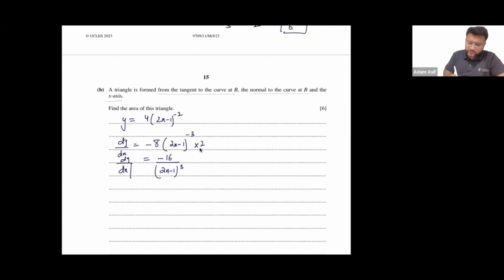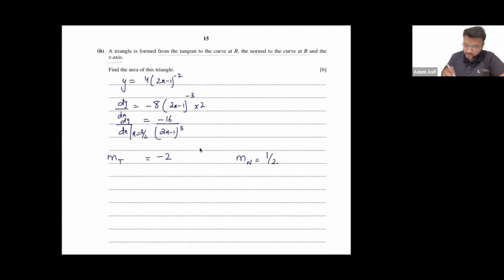Now I will be calculating the gradient at point B. The x coordinate of point B is 3 upon 2. So plug in 3 upon 2. So I get minus 2 as the gradient. Okay, so this is the gradient of the tangent line. So the gradient of the normal line would just be 1 upon 2.